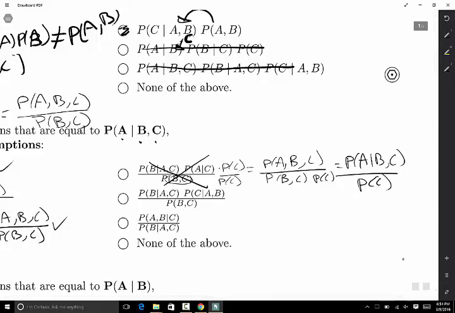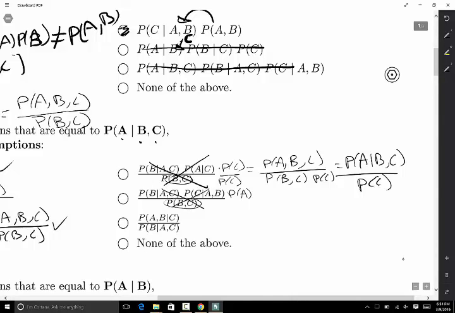In the second option, we have the correct thing on the bottom, but the numerator is missing a P of A and needs some extra rearranging. So we're not going to get a P of A on the top.